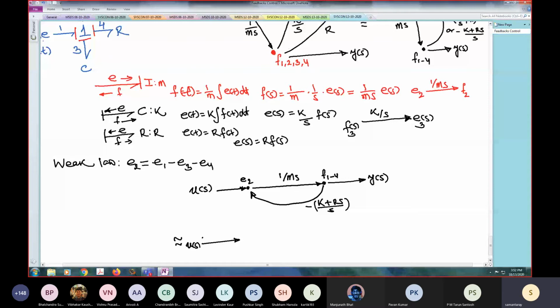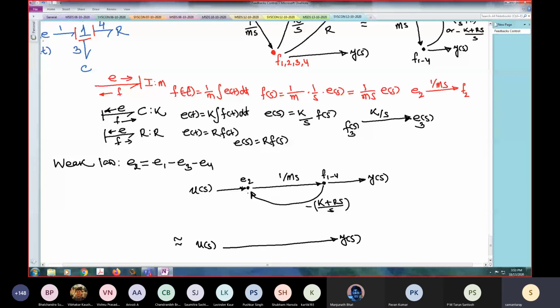I will draw a bigger line. US straight going to YS. Here my transfer function is with this kind of a feedback in the backward path with a negative sign. That means equivalent to adding a sum block here with minus sign.